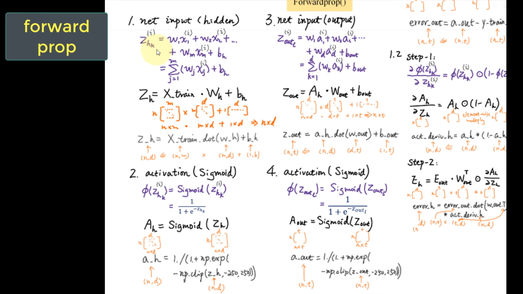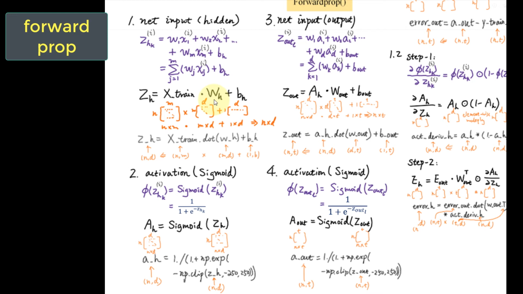It's easier to use matrix notation to summarize what happens here for the entire hidden layer. Z here is a matrix of dimension n by d. It has n rows and d columns. It takes the input from the previous layer, which is the input layer, matrix multiplied with the weight matrix of the entire hidden layer.